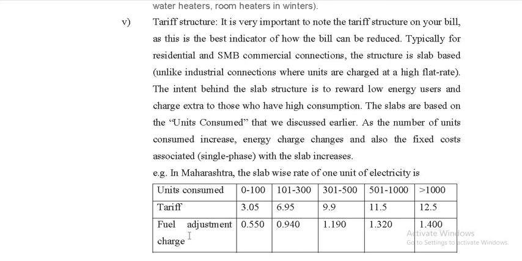There are different things involved in thermal electricity generation and hydroelectric power generation. If it is a nuclear power plant, the raw material needed is different. The coal rates are also fluctuating. So to get an adjustment for that, this is what is called the fuel adjustment charge.